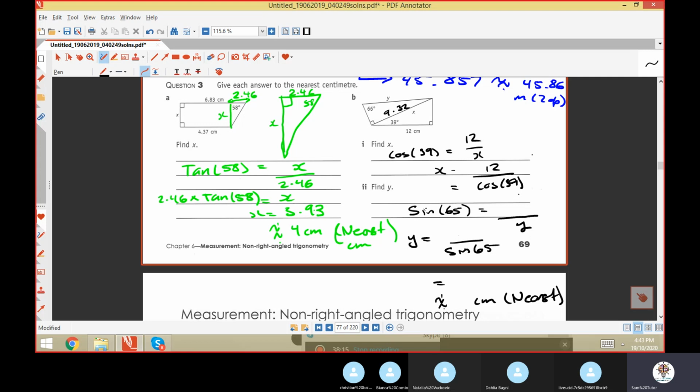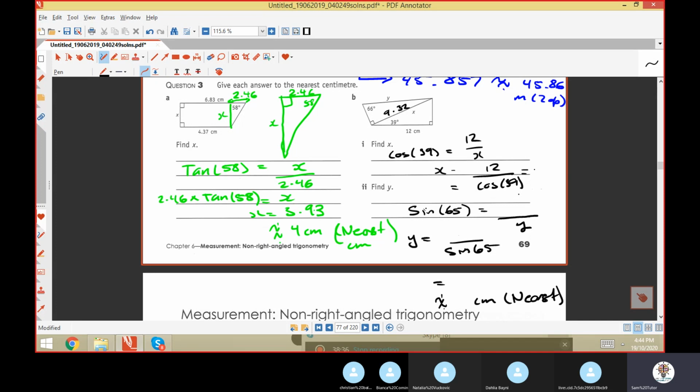What did you get for that, Bianca? I got 15.4. Just let me check that. Yep, that's good. So in the answer, it says round to nearest centimeter. You'll just write 15 centimeters for the first part, but in order to do the second part, use the actual 15.44, okay? Yeah, I write both.